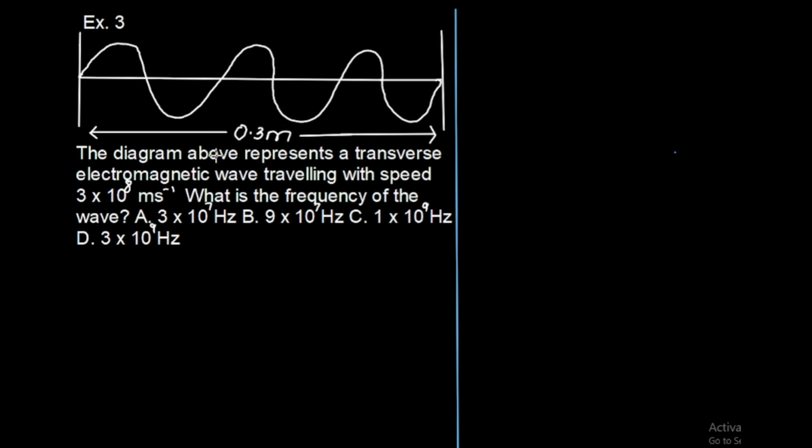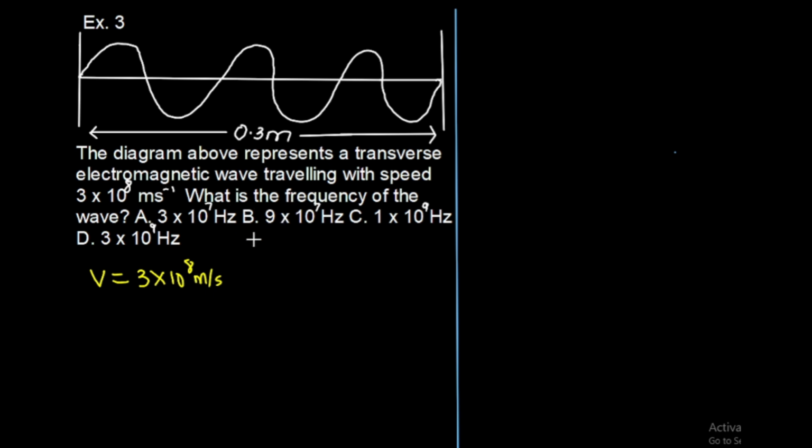So let's bring out the information that was given to us. First, they say the diagram above represents a transverse electromagnetic wave traveling with a speed. So we have speed given to us, and speed is equal to 3 multiplied by 10 to power 8 meter per second in this case.